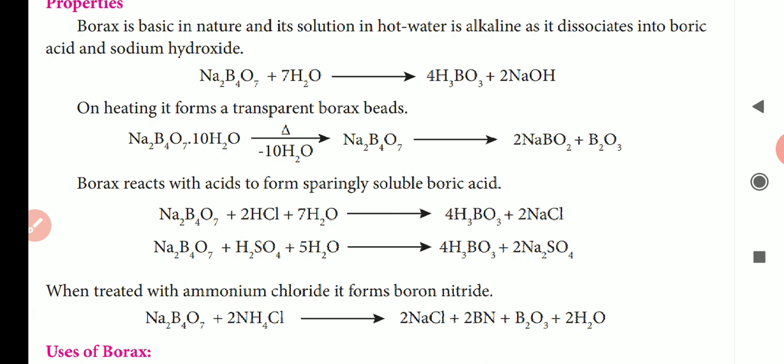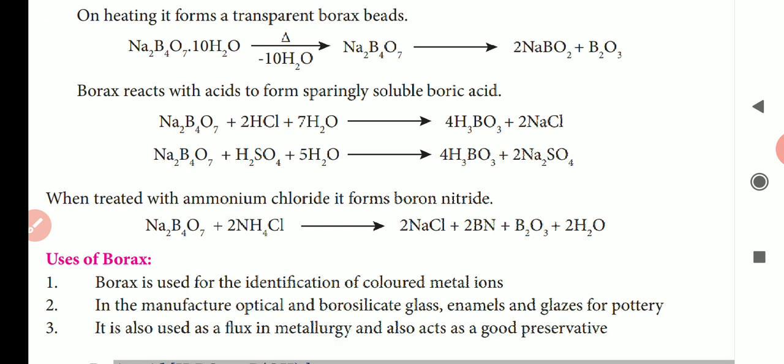When treated with ammonium chloride, borax forms boron nitride: it produces 2NaCl plus 2BN plus B2O3 plus 4H2O.